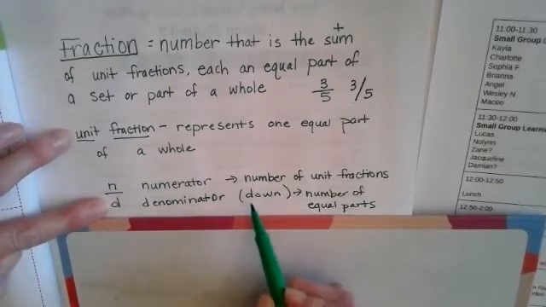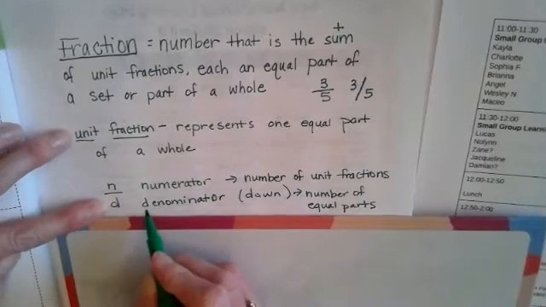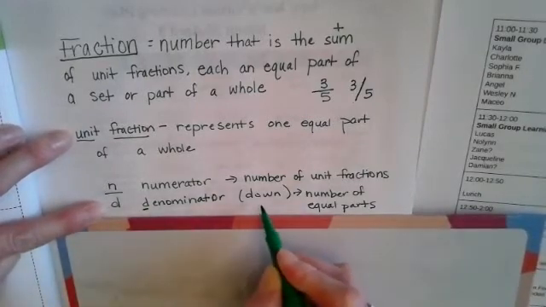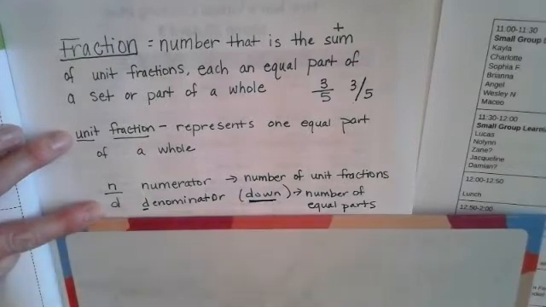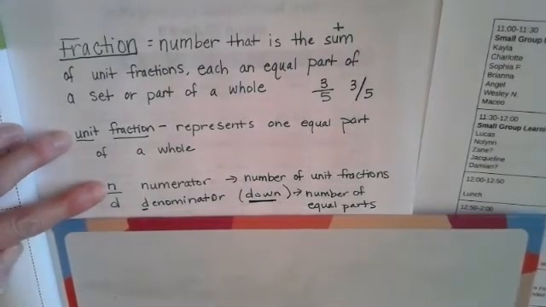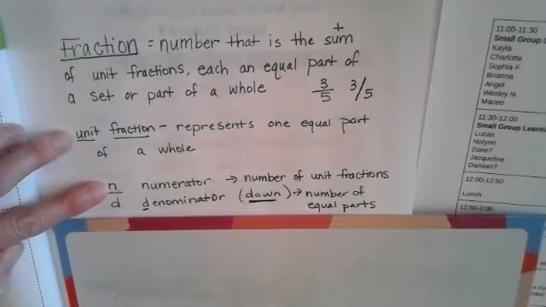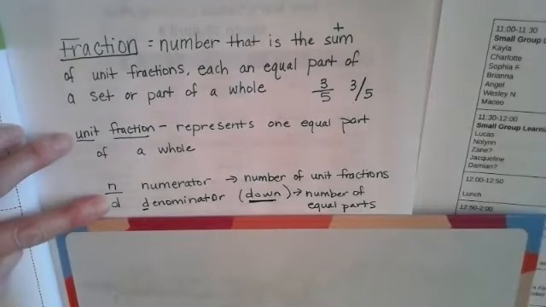Something I tell my brain to help me remember that is denominator starts with D. It is located downstairs, or on the bottom of a fraction. So the numerator is at the top of the fraction. It's the number of unit fractions. D is the denominator, the bottom number, the down number, and that's the number of equal parts.